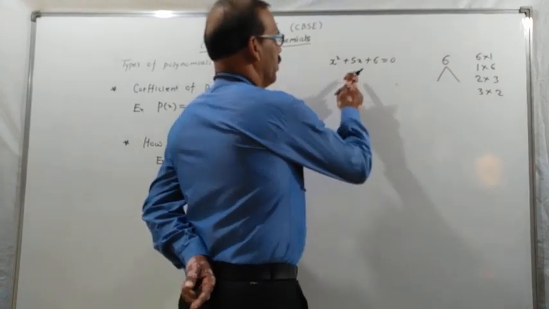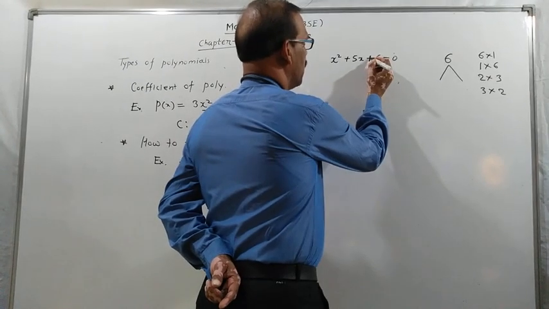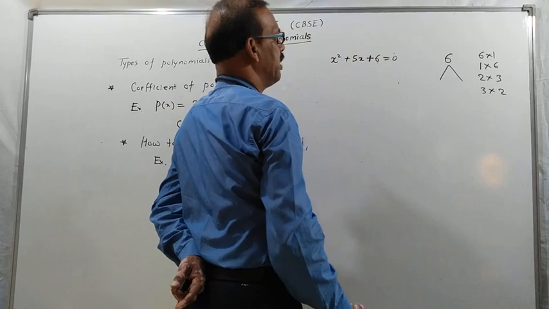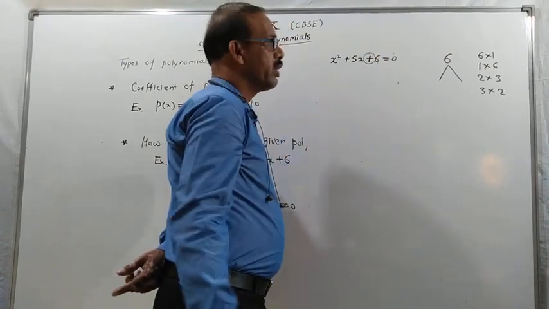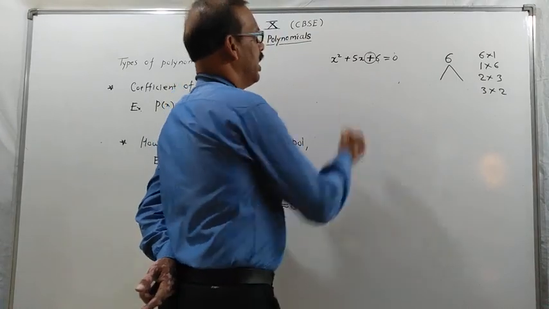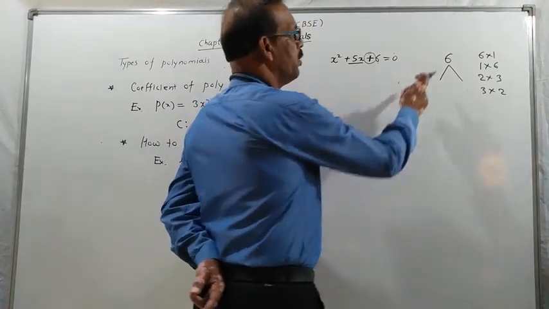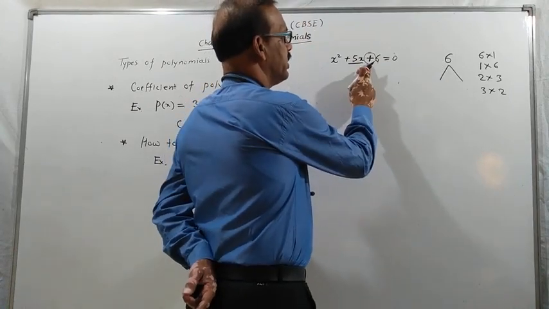In the factorization method, first we check the sign of the given constant number. The sign of the given constant number is plus, and the middle term is 5x. Whatever the factors of 6, you must concentrate on this plus sign.